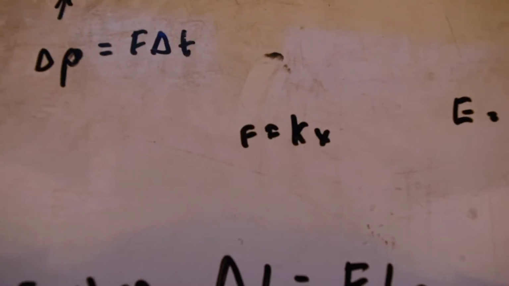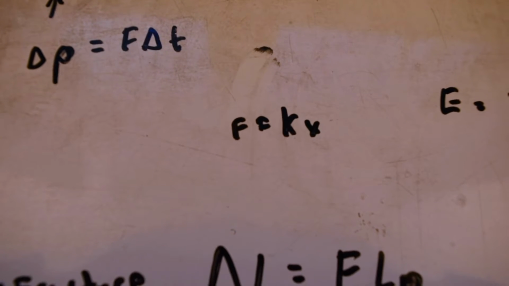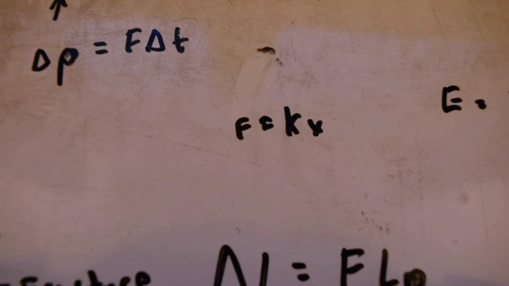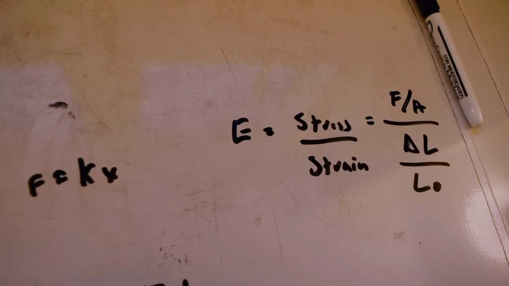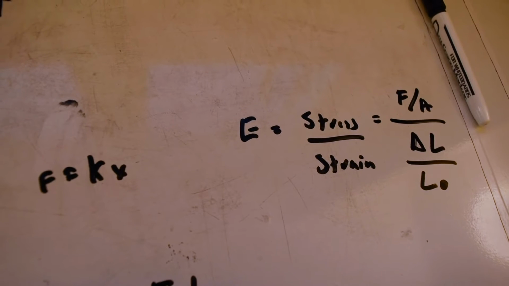Now, we all know in the 4U curriculum that F equals Kx. And the K value is determined by the compressibility of that spring. But in third year university, you learn what we call Young's modulus, which is stress over strain. Stress is defined by force divided by area.